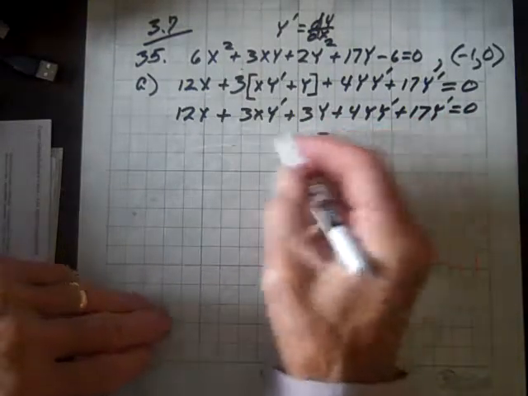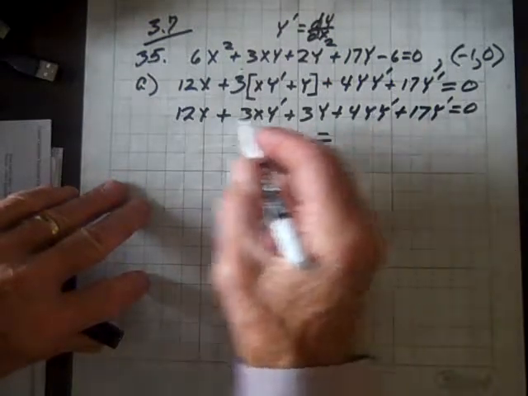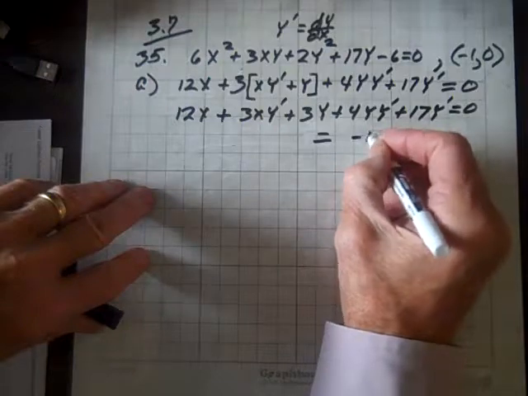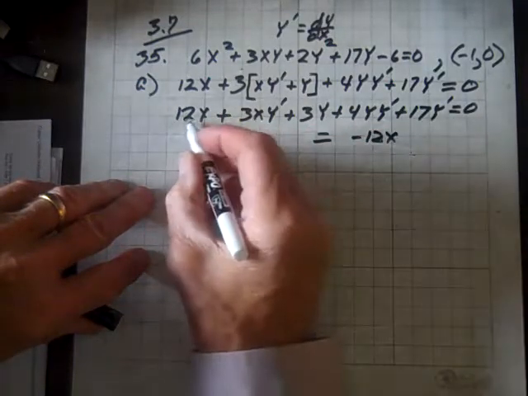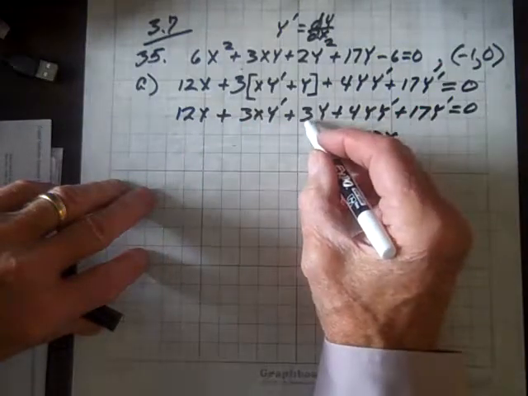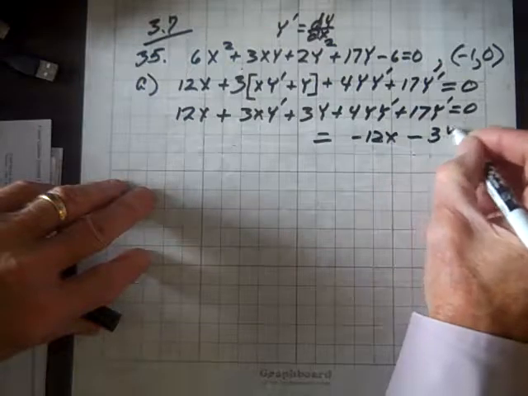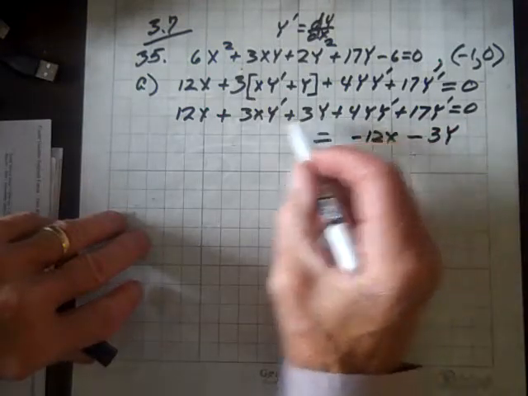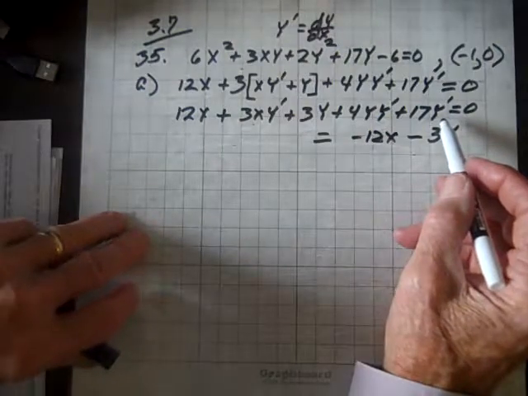Now, we'll subtract all the terms not containing a y prime from both sides. So we'll subtract 12x, and on the right side we'll get a -12x. Subtracting 3y from both sides, we'll wind up with a -3y. On the left, we'll have these three terms containing y prime.